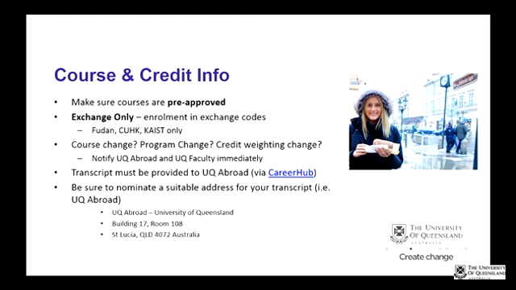This could have an effect on the credit that you receive when you come back, so just make sure you keep us in the loop, and also your faculty. Again, anyone who's going on the Fudan program, CUHK, or KAIST, you will have been enrolled in exchange codes, and you'll see that if you log into SciNet, based on the number of credits that you've been approved for.